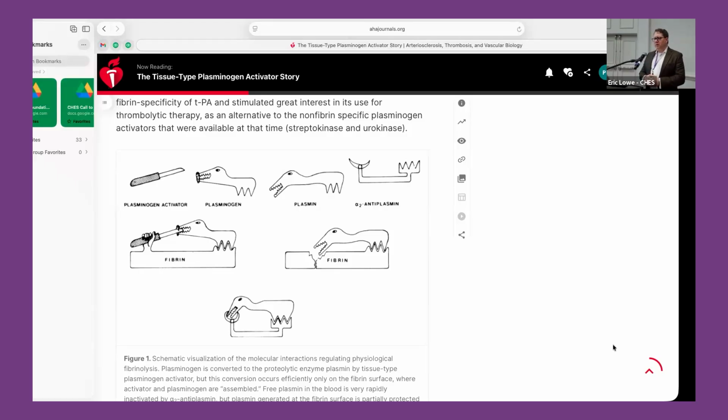But I think it sounds like you're in an unfortunate position of having multiple things. You have the Ehlers-Danlos, but I don't think that negates having 5, 7, and 13 deficiencies. And there's not a product that contains all those things. So I think treatment with plasma does have all of those, except it doesn't have very much 13 in fresh frozen plasma, which is why we have to use cryoprecipitate instead, or a factor 13 concentrate.